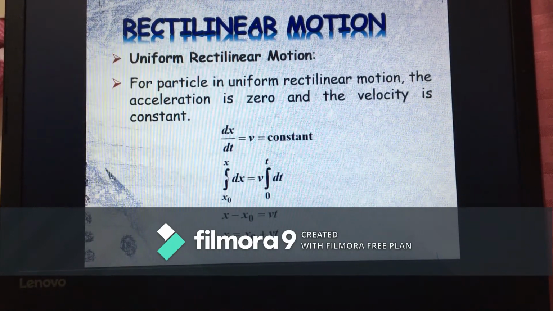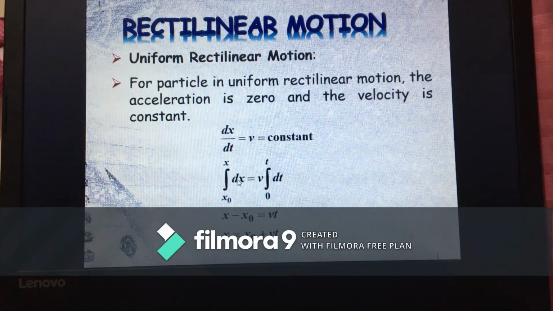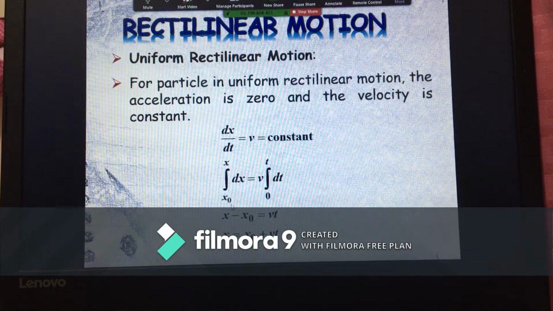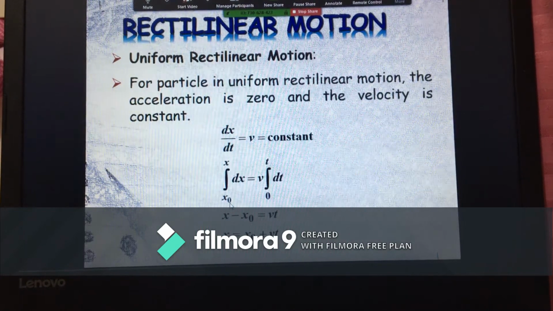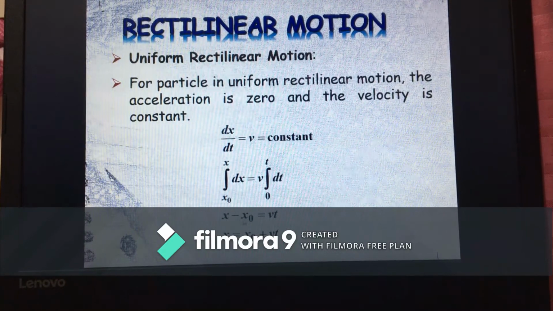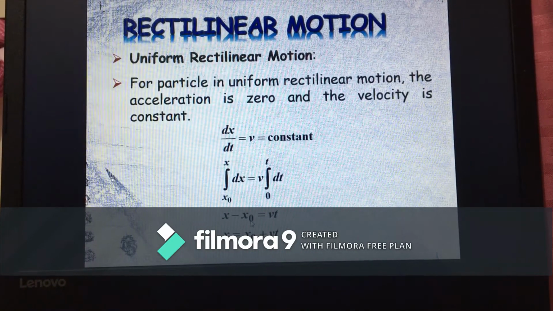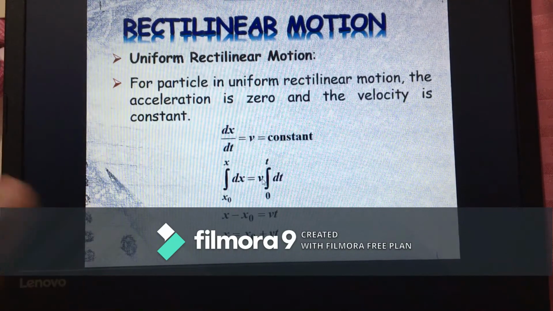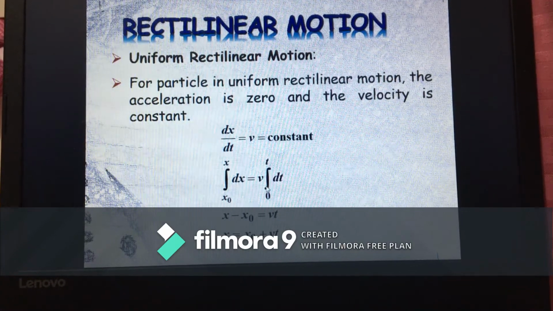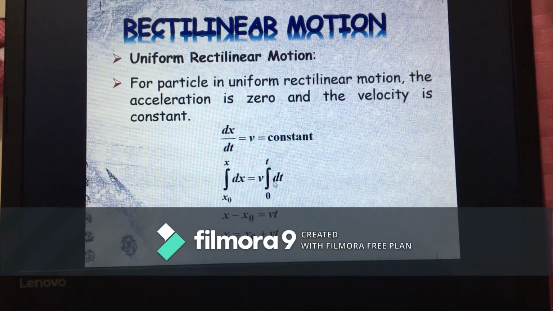Okay, so when you integrate dx, you get x. Upper limit is x, lower limit is x sub 0. So substituting the limits, you have x minus x sub 0. On the right side, v is constant, so we take it out of the integral sign. So we only integrate dt, right?